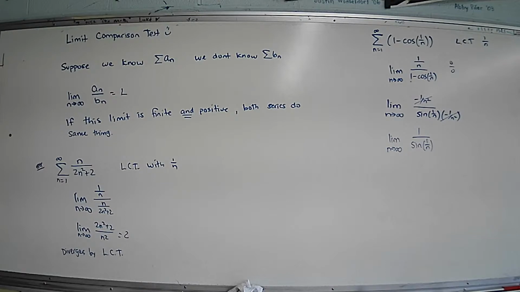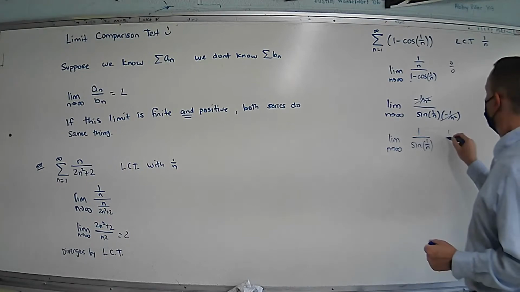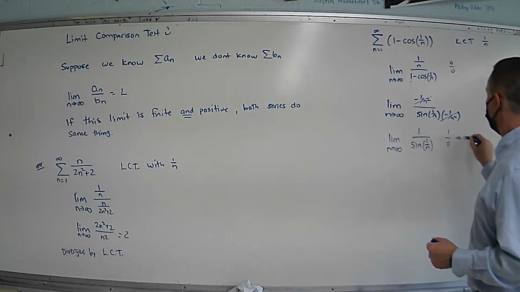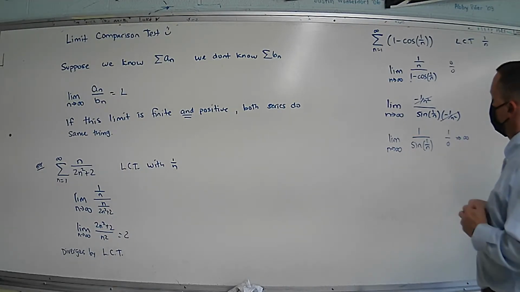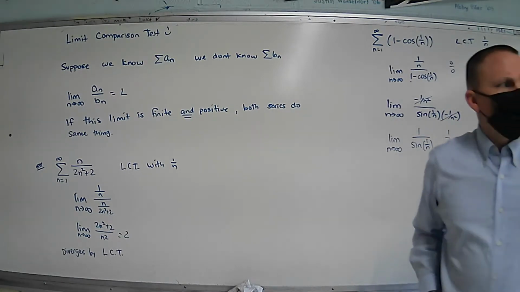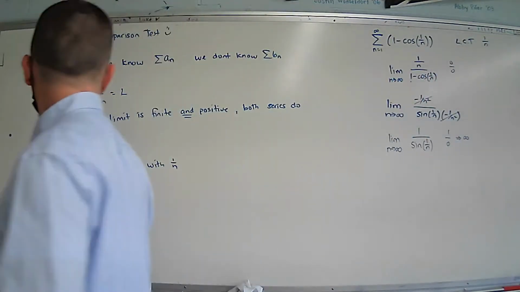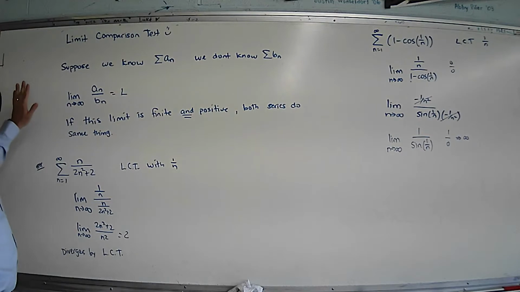1 over n we know is approaching 0. And the sine of 0 is 0. So this is approaching 1 over 0, which is infinity. What does that mean? Can I use this test?